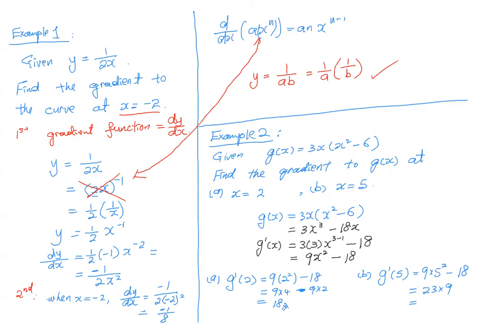Am I doing the right thing? This is 9 times 25, take away 9 times 2. So 25 minus 2 is 23 times 9. If during the exam you cannot use calculator, you have to use all these techniques. Are you clear? So 207. Did Miss calculate correctly?